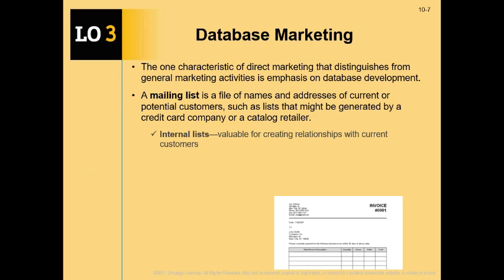What is a mailing list? Well, it's just a list of names and addresses of current or potential customers, but this is very basic information. You can have, for example, internal lists in your business, which are important, based on information from accounting records, invoices, and other operational and accounting operations that you conduct, so that you have a list of past customers and their contact information.